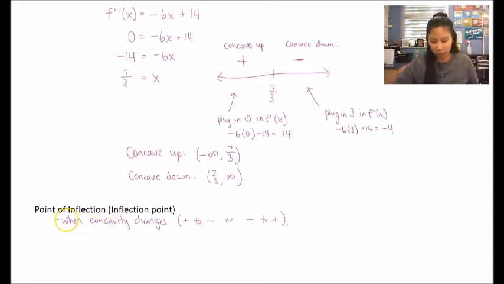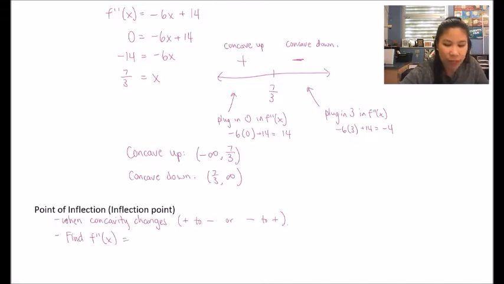So recapping what we've done so far, if we are asked to find points of inflection, what you want to do is find the second derivative, set it equal to 0, and then solve for x. Then do the number line thing.